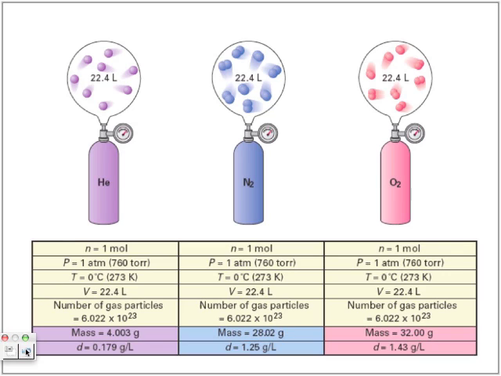Because their molar mass is different, since we've got helium, nitrogen, and oxygen. But notice what is always the same at STP: temperature, same; pressure, the same; number of moles, the same. So the only thing that's different is their mass.